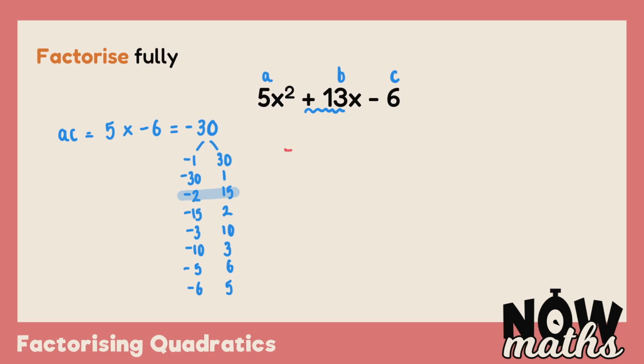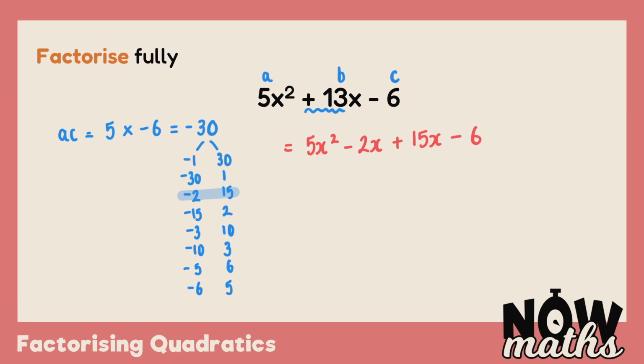So we'll write down 5x squared, subtract 2x, add 15x, and subtract 6. So this expression is the exact same as the one above, except this 13x has been split up into two terms.